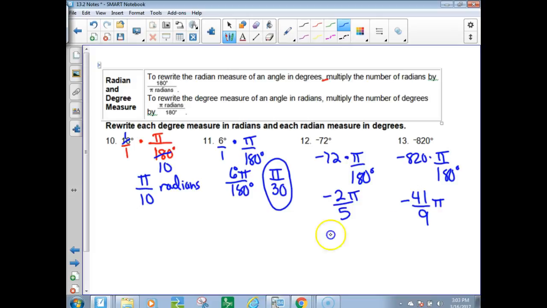And it's negative because the original angle was negative. Does anybody still need this page? Okay, then I'll move to the next one. Any questions about through 13?